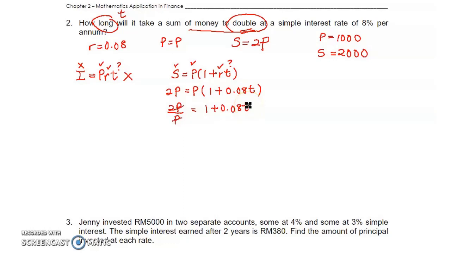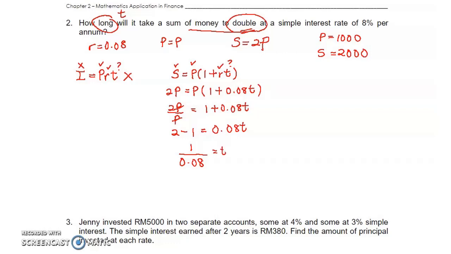P divided by P equal to 1, so on the left hand side we have 2. This positive 1 we bring to the left hand side as minus 1, so on the right hand side we have 0.08T. 2 minus 1 is 1. 0.08 multiplies T, so to the left hand side it is divided by 0.08.